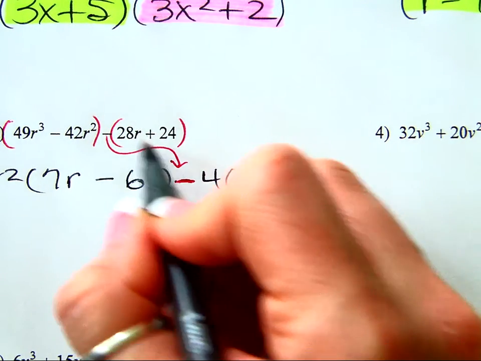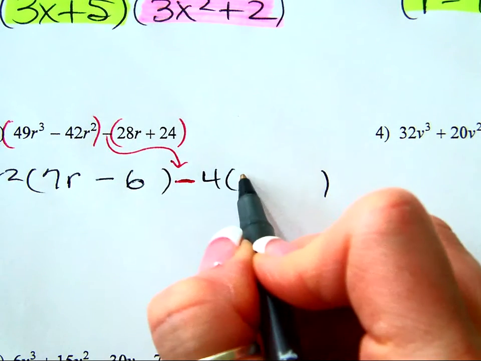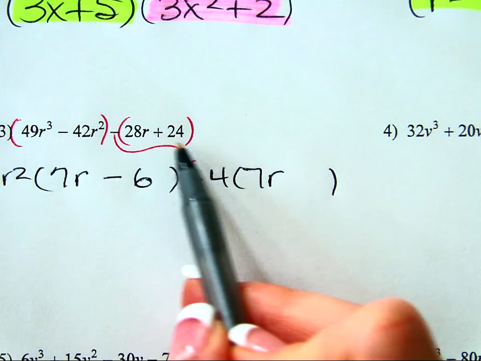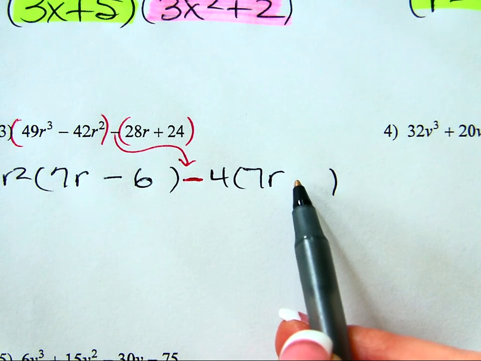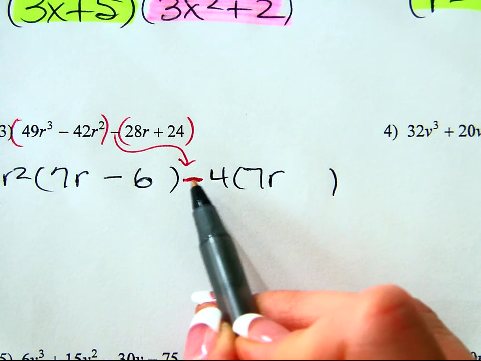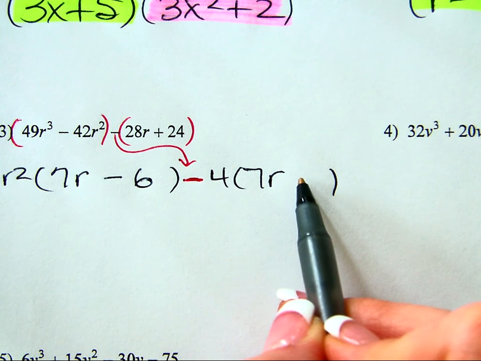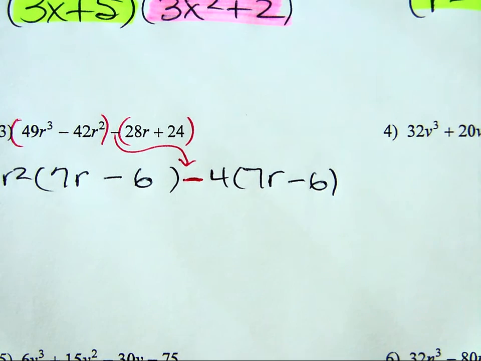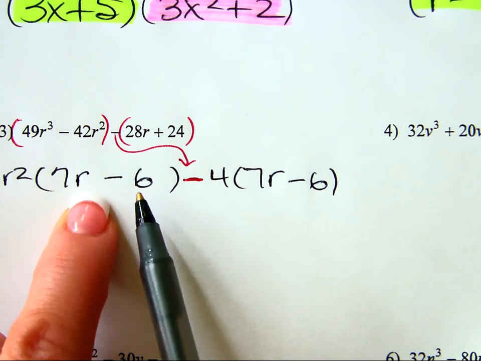If I need a positive 28, what do I multiply this by? 7r, right? I don't just bring this plus sign down. Because I need a positive 24, I have a negative 4. What do I multiply a negative 4 by to get a positive 24? Negative 6, right? And by the way, doesn't it have to match that anyway?